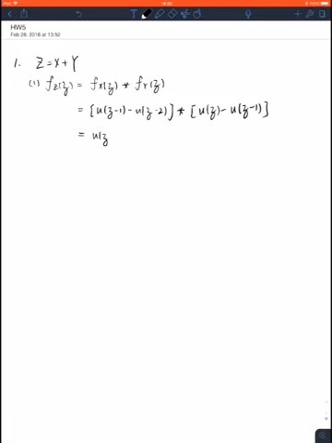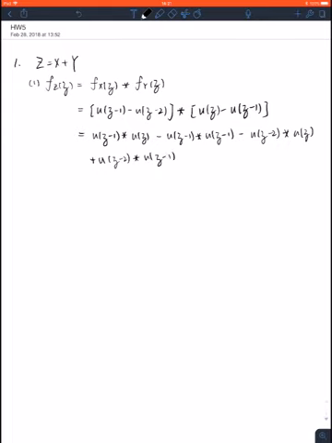That should be u(z-1) convolved with u(z), then minus u(z-1) convolved with u(z-1), then minus u(z-2) convolved with u(z), then plus u(z-2) convolved with u(z-1).